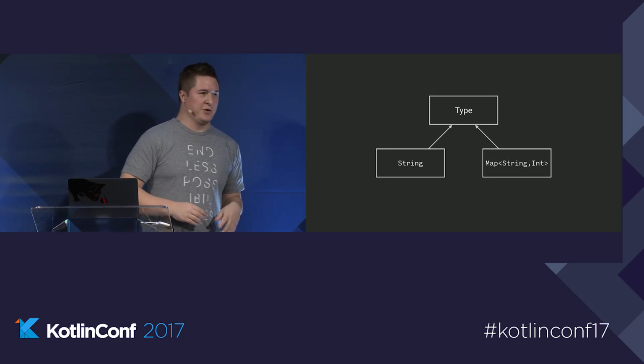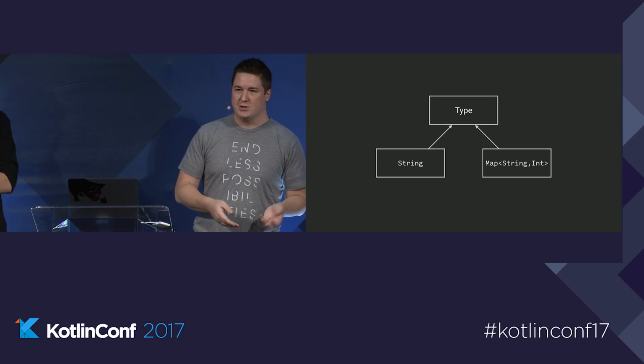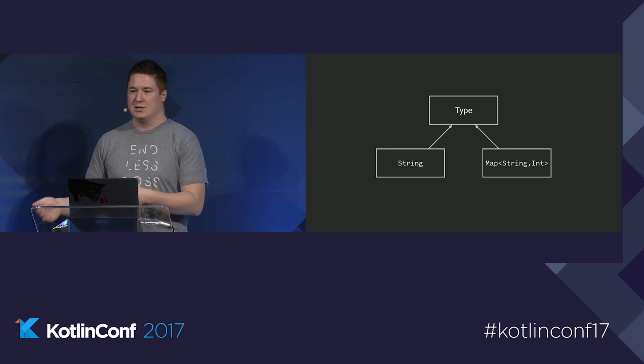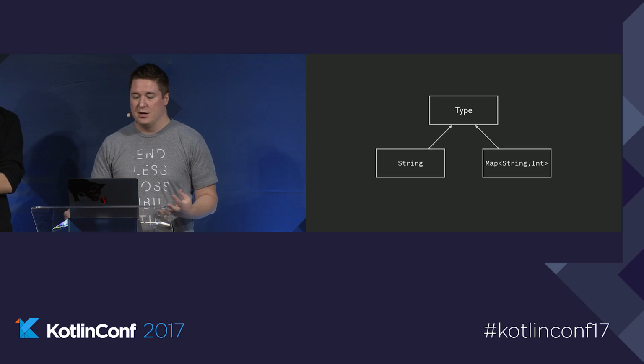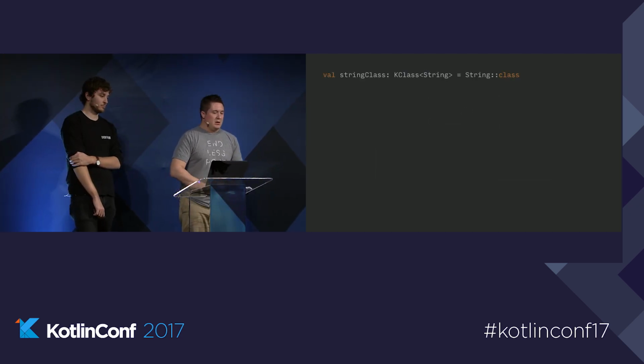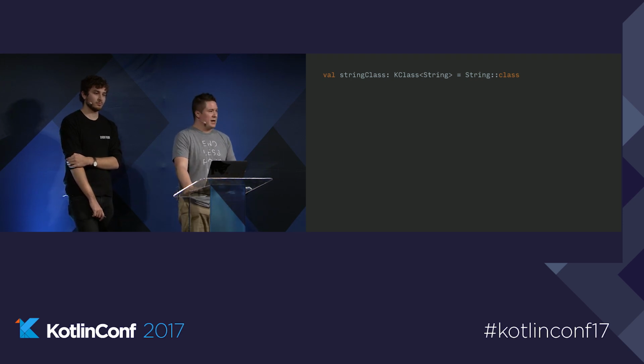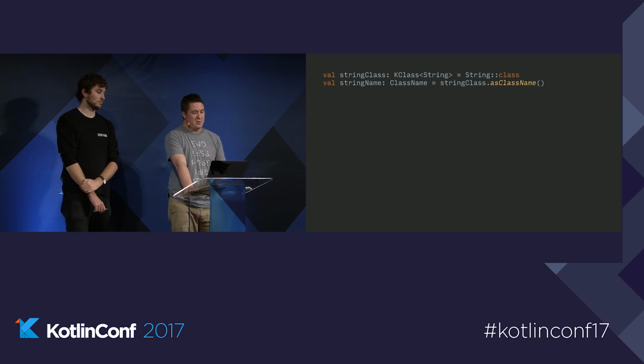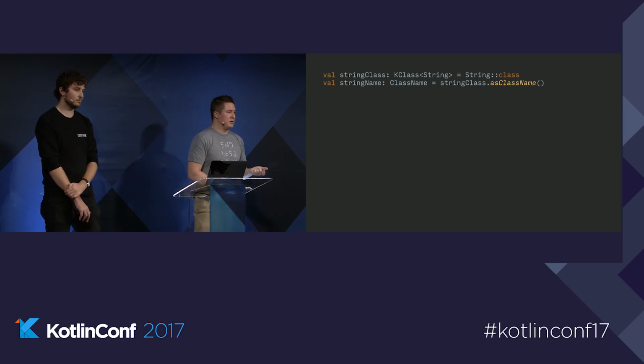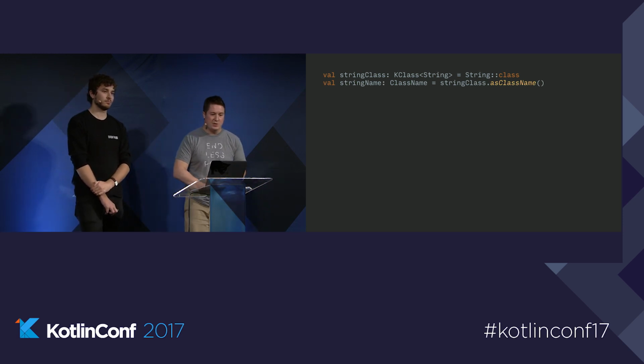To make these more concrete, you could think of a string as your class, but a map of string to int is a parameterized type. And so there are types in KotlinPoet that model these. If you're coming from a normal class reference, extension functions are provided which turn that into what's called a class name, which is KotlinPoet's representation of a class.